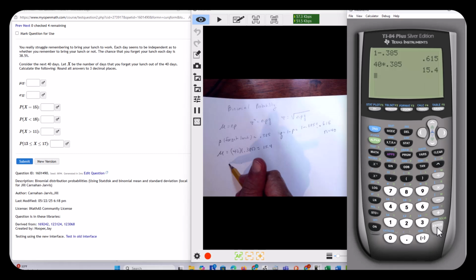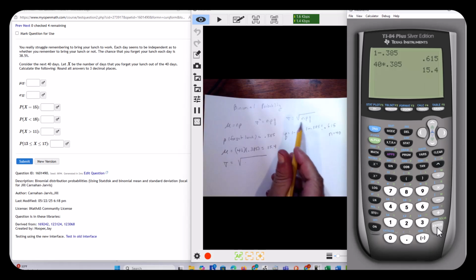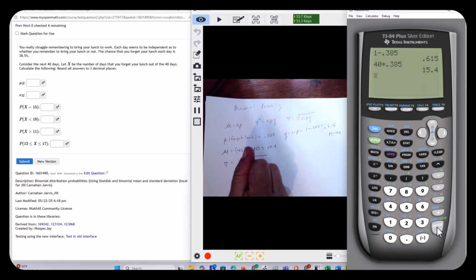Now we're wanting our standard deviation sigma. That's the square root of npq: 40 times 0.385, and here q comes in, 0.615.